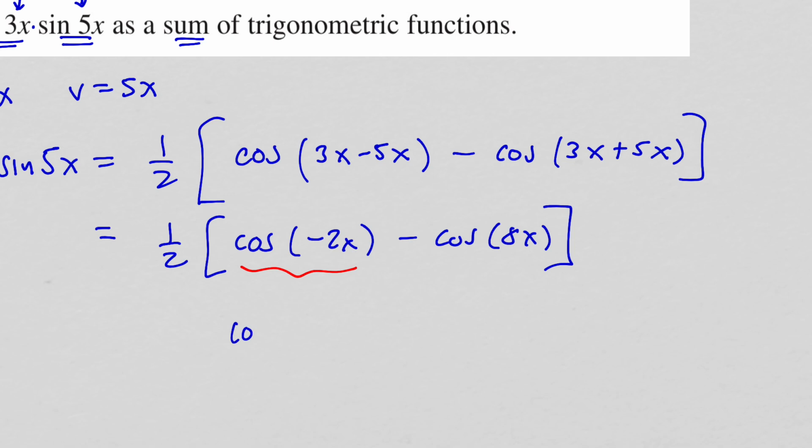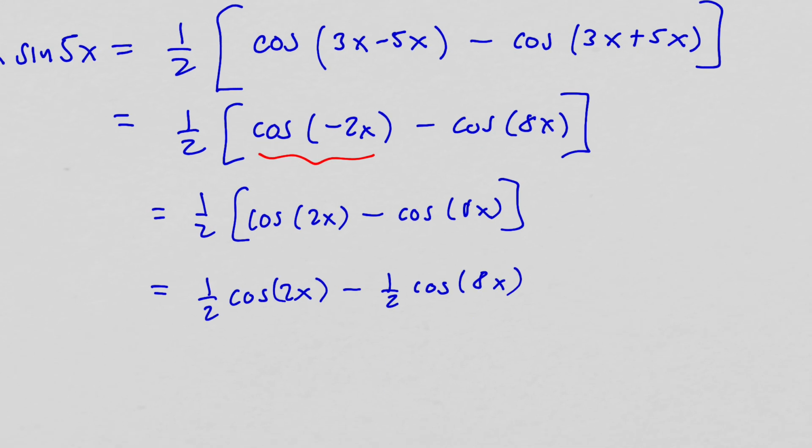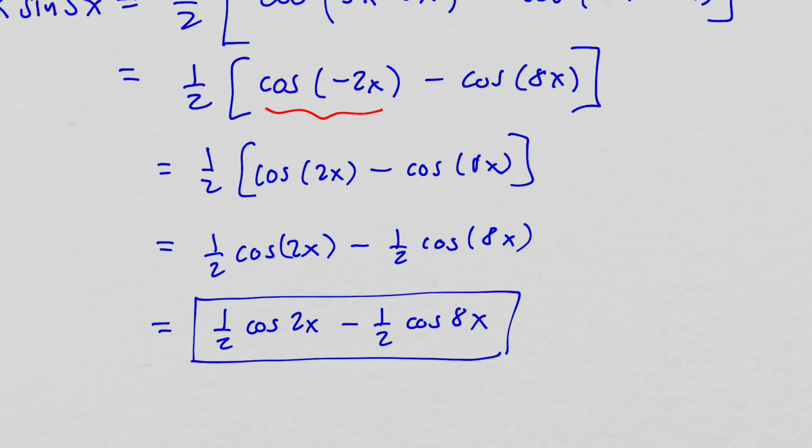So the cosine of negative 2x is the same as the cosine of 2x. And we can leave our answer like this, or if you want, you can distribute the 1/2, in which case you get this answer. And one final comment here, you don't actually have to have parentheses around the 2x or the 8x. So the final answer looks best, I think, if you read it like this.